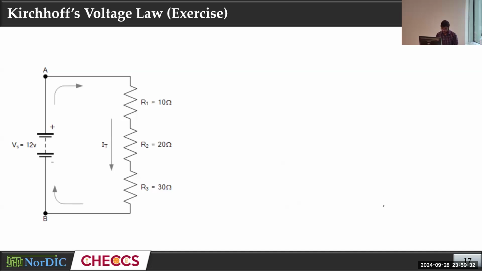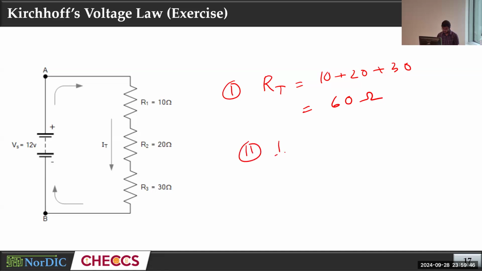So first we have calculated the total resistance of the circuit. That was just the sum of all the resistors because they are connected in series, 60 ohm, right? Then second was the total current that flows in the circuit, which should be Vs, the voltage, divided by the total resistance, which is 12 by 60. That should be 0.2 ampere.